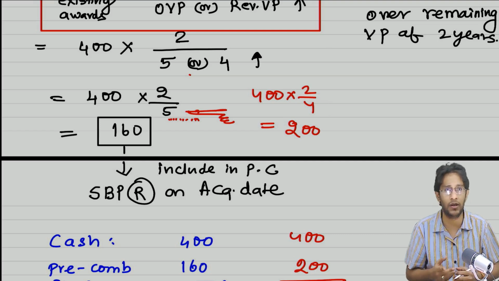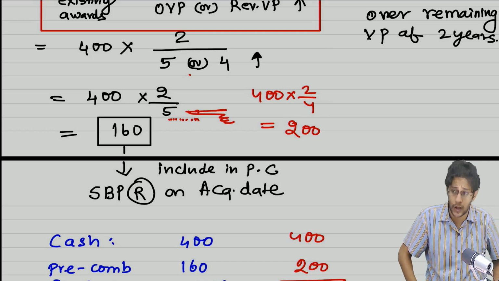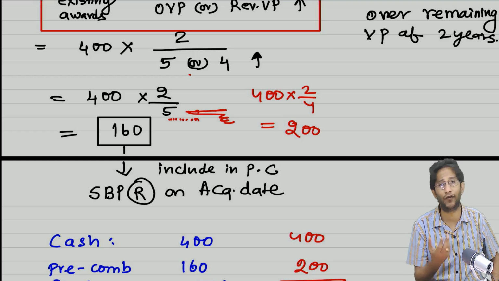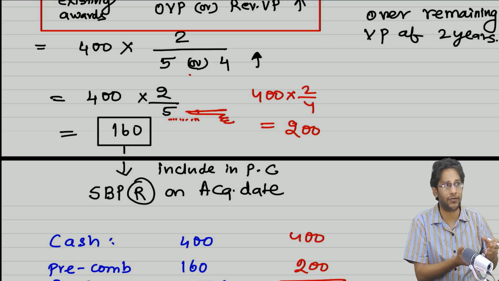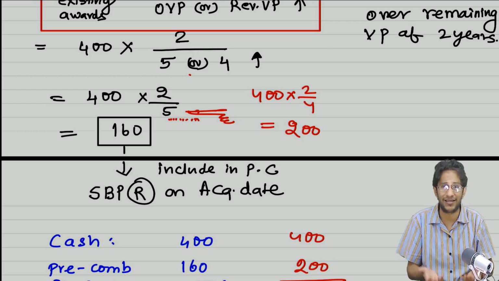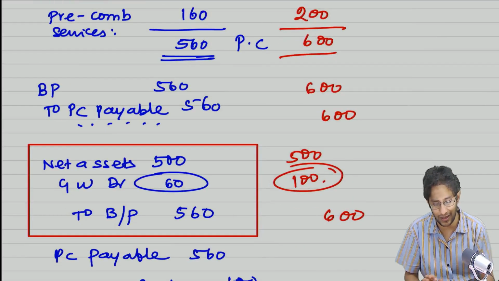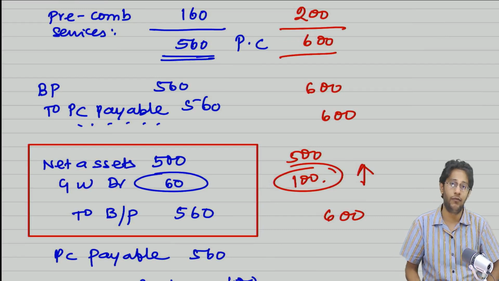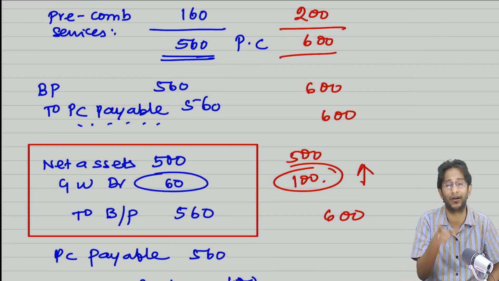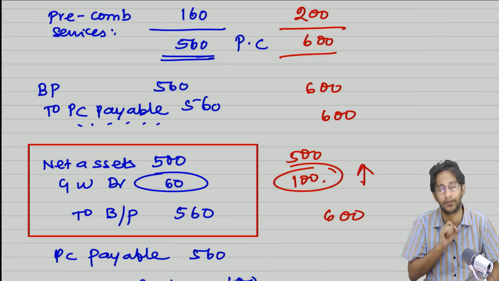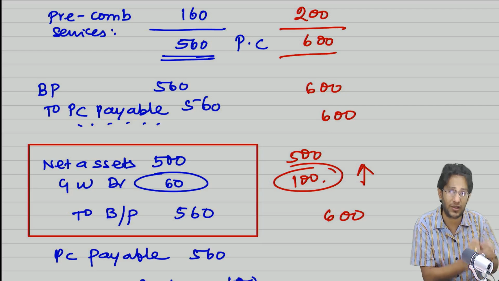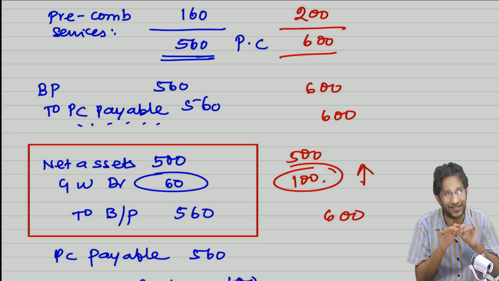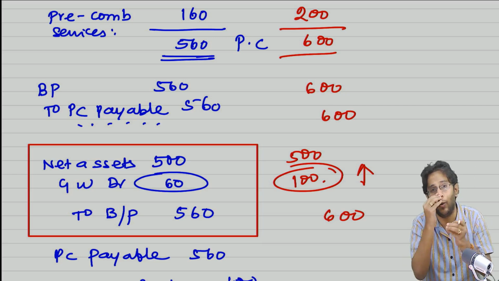Since the value of services directly cannot be measured, we are taking the value of options and then measuring it. That is indirect valuation. So whatever services are already consumed, if you unnecessarily take an overvalued number, that's ultimately inflating my goodwill, which I don't want, because that number cannot be verified, cannot be identified, and cannot be amortized.